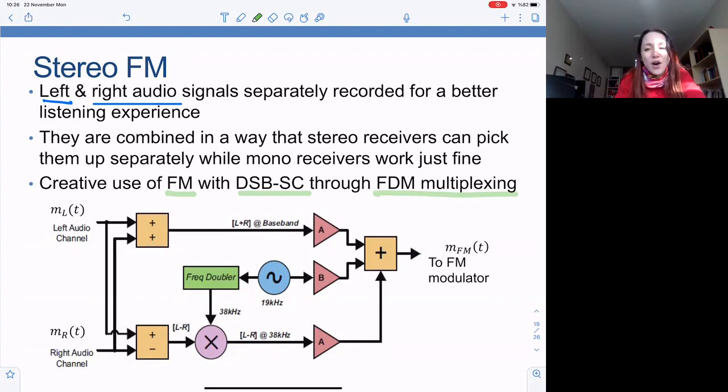Isn't it nice that now you are able to understand all of these terminologies, right? So this is the left audio signal, ML of t, and this is the right audio signal, MR of t. Okay, here's the idea.